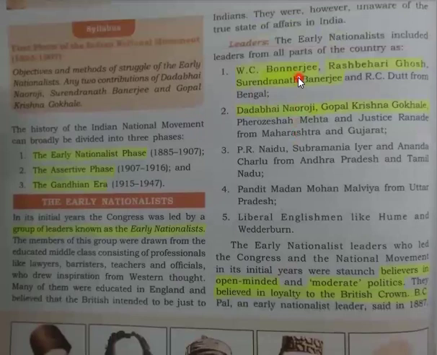First topic. The history of the Indian national movement can be broadly divided into three phases: the early nationalist phase, the assertive phase, and the Gandhian era.